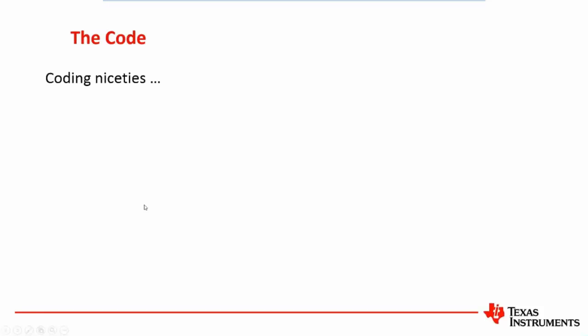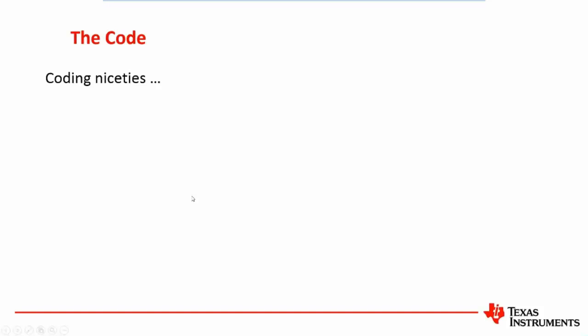Anyway, some coding niceties to possibly talk about: the objective is to increase the readability, either for the next person who's going to look at the code, or for yourself if you're not going to look at it for a long time. So it's useful to have comments in your code, meaningful variable names and indentation, just so that when you look at the code it looks reasonable.